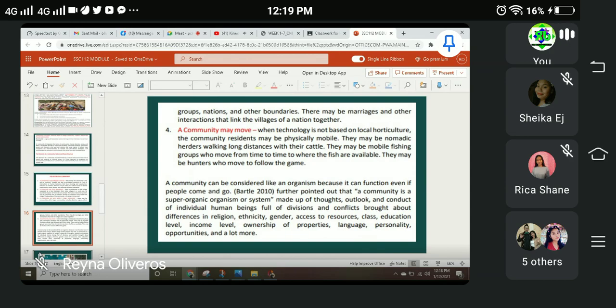Okay? So sabi dito, a community can be considered like an organism because it can function even if people come and go. Okay? So, further pointed out that the community is a super organic organism or system, based on Bartel in year 2010. Okay?